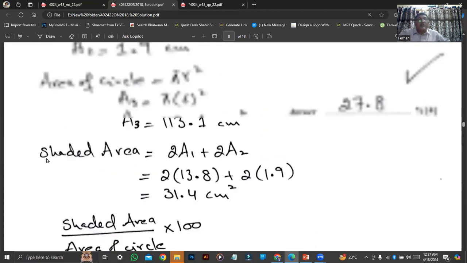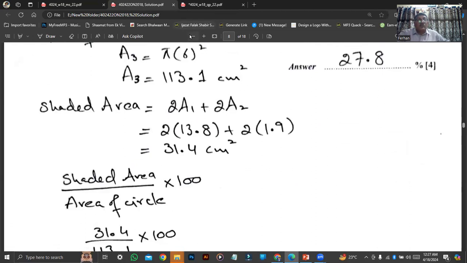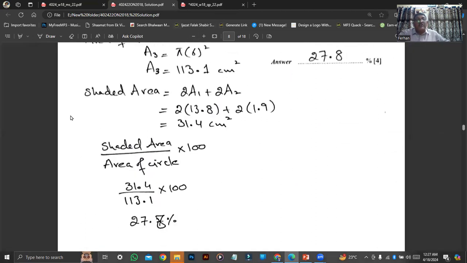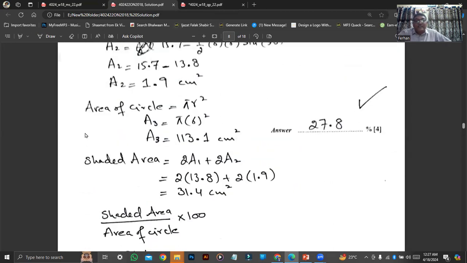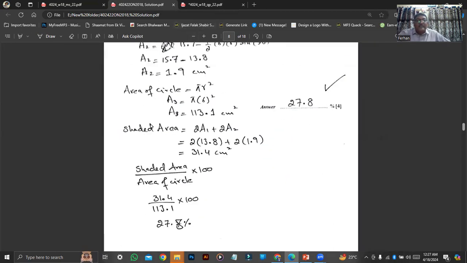If you want to convert this into a percentage, the method is very simple. Shaded area divided by the area of the circle, multiply 100. So the shaded area is 31.4 divided by 113.1 multiply 100. So it will be 27.8%.